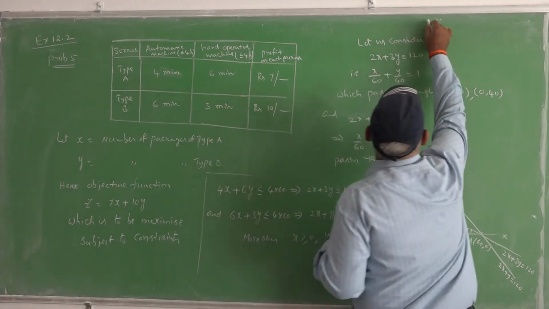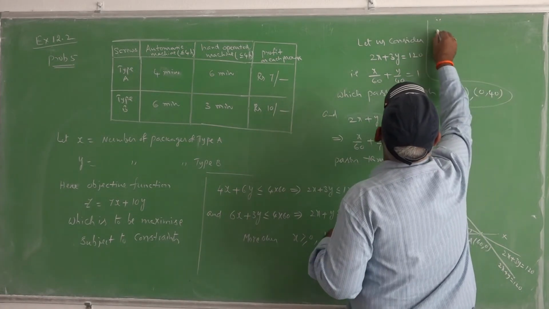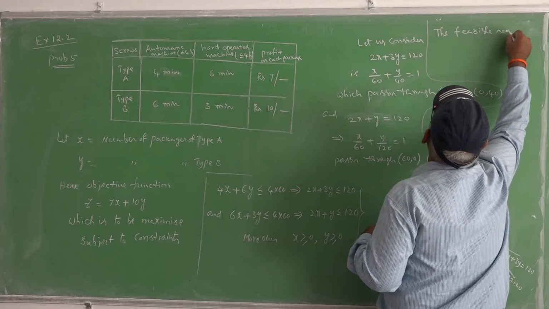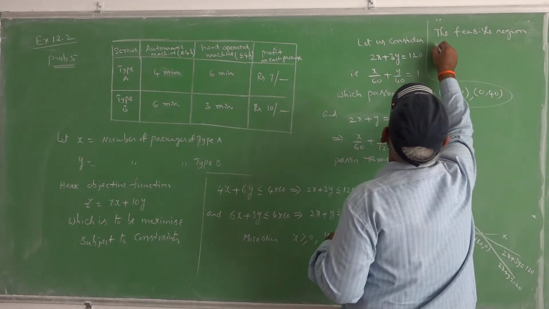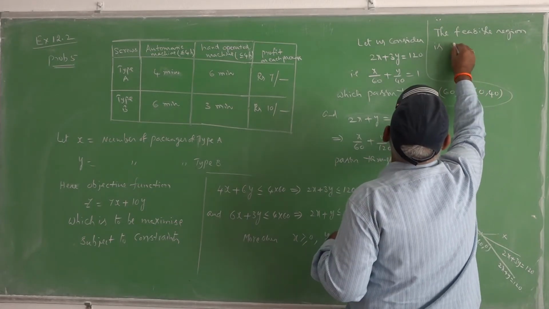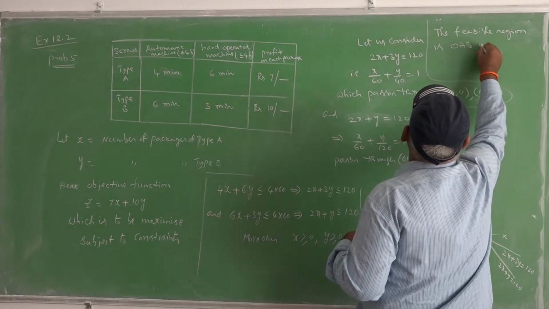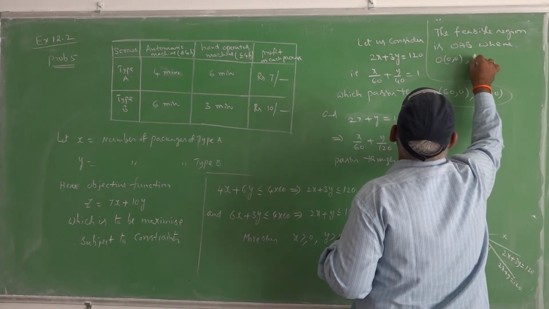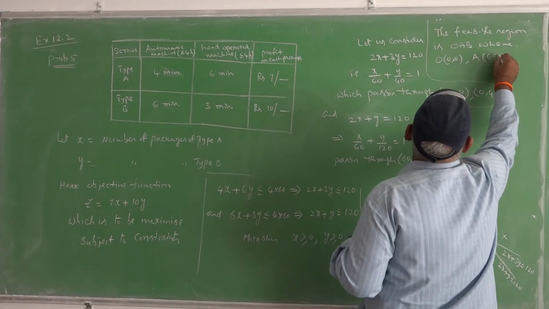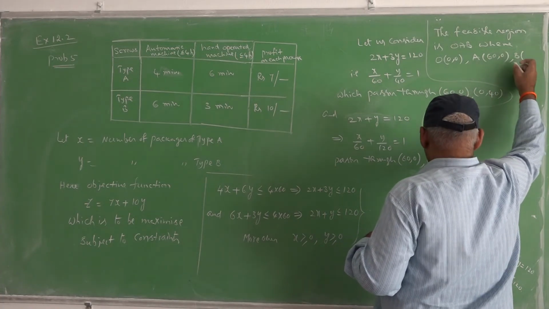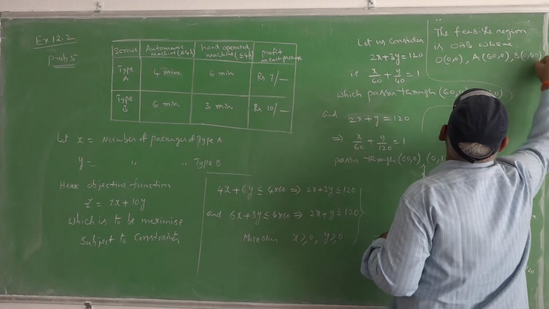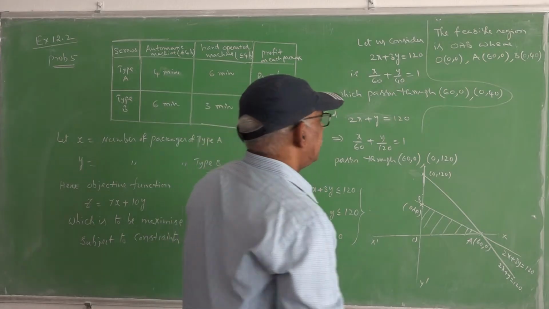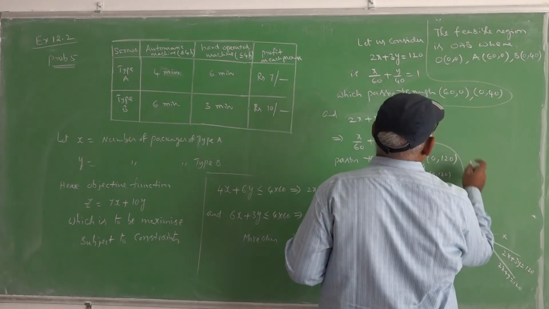Hence the feasible region is OAB, where the corner O is 0, 0, A is the corner 60, 0, and B is the point 0, 40 itself. At these corners, find the profit function value.